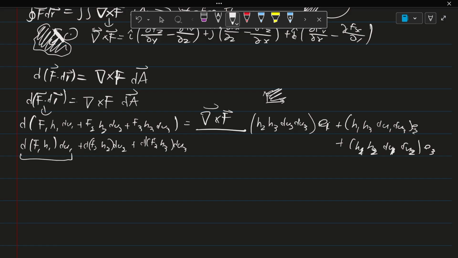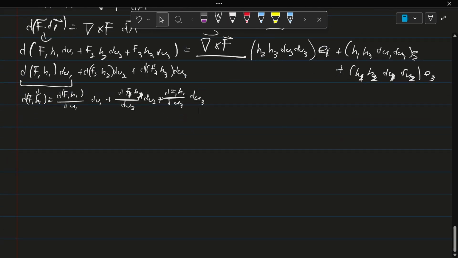So we could just express everything out. We'll just do it only for this guy first. d(f1 h1) could be denoted to be the d(f1 h1) over du1 times du1, plus another one here, the d(f2 h2) over du2 of du2, and then d(f3 h3) over du3 of du3. Now you could extend it for all of them, but here's something to note. du1 times du1 must be an area.